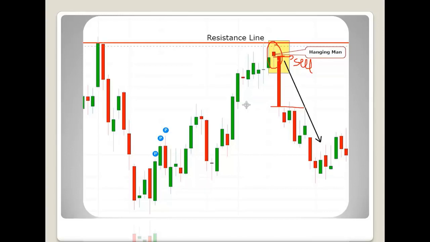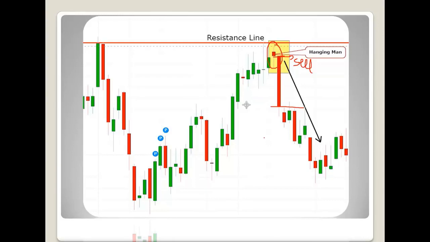The first thing to know is that the color of the candle is very important in a hammer and a hanging man. In the case of a spinning top, color was not really important, because whether it is bullish or bearish, we still use it as a spinning top. But if you're going to trade the market using a hammer and a hanging man, then the first thing is the color of the candle.